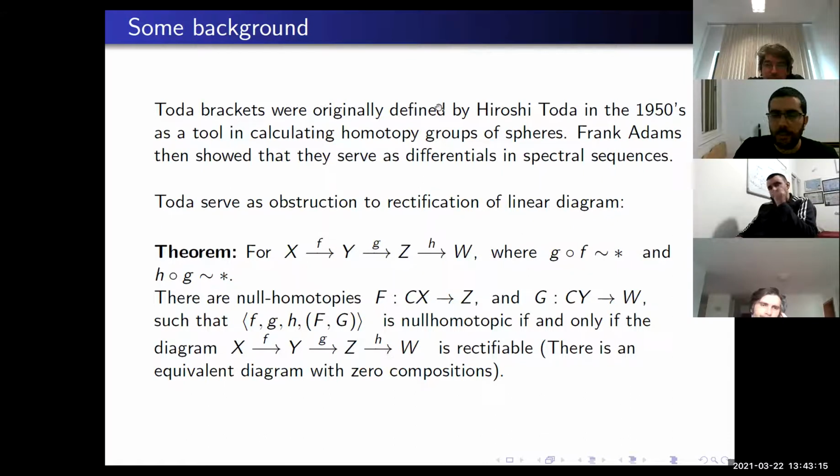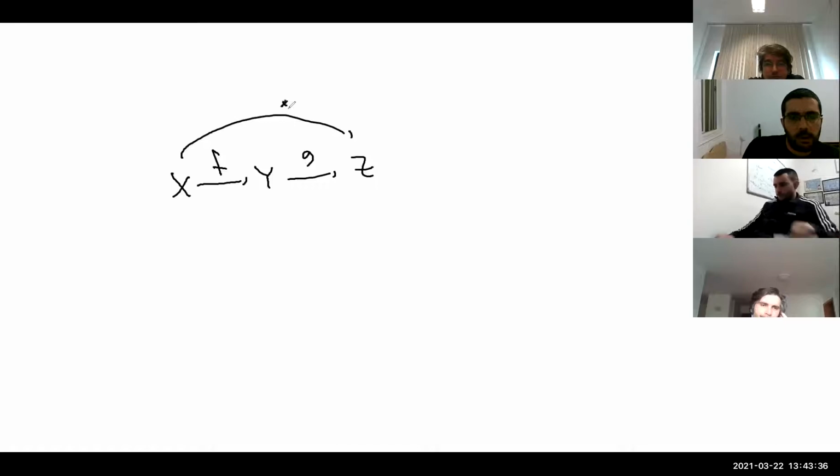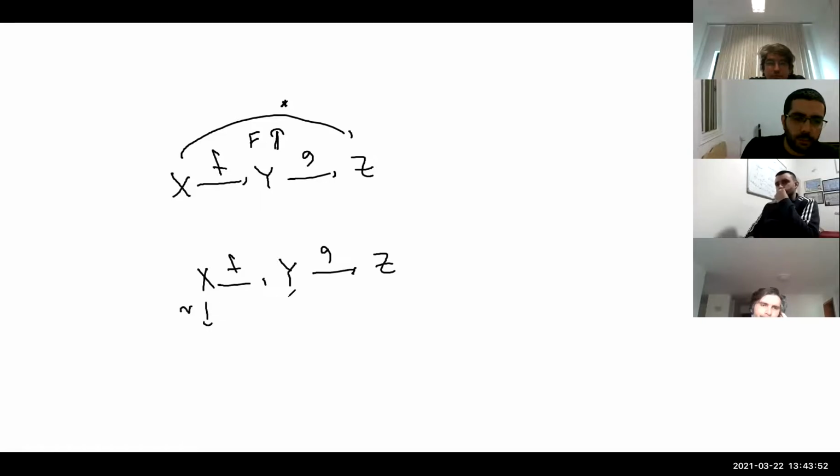What I mean by rectifying: if we have two maps where the composition is null homotopic, and we choose a null homotopy, we can rectify it. We can change it up to homotopy by a zigzag of weak equivalences.